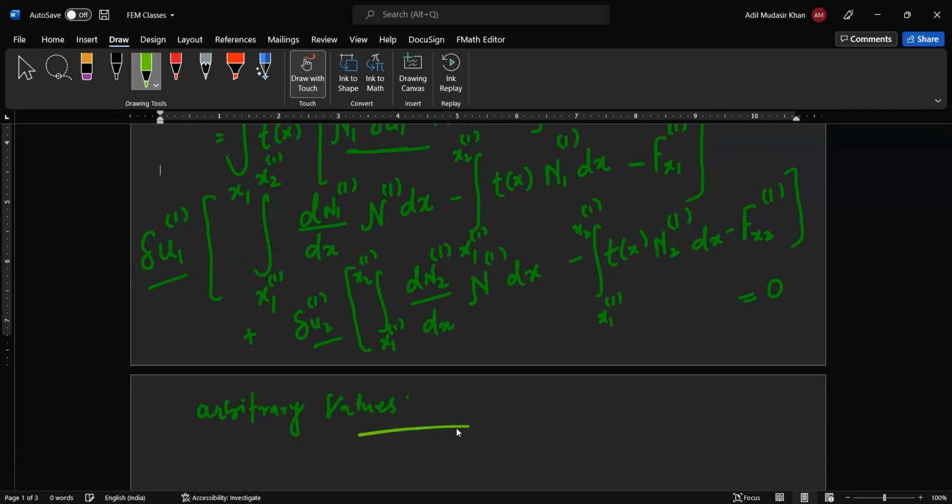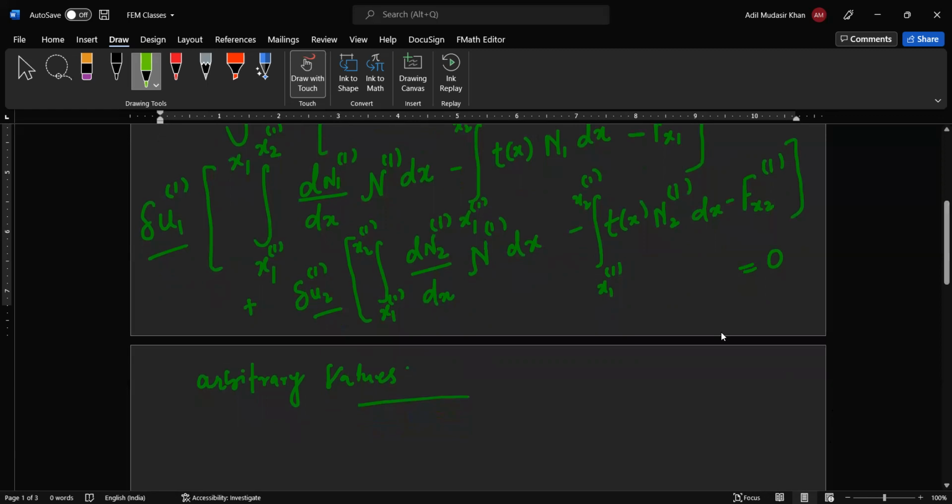They are virtual displacements which have some value. So from these equations we can clearly state that the terms which are in multiplication with del u1 and del u2 are equal to 0. That is, either this term is 0 or this term is 0.